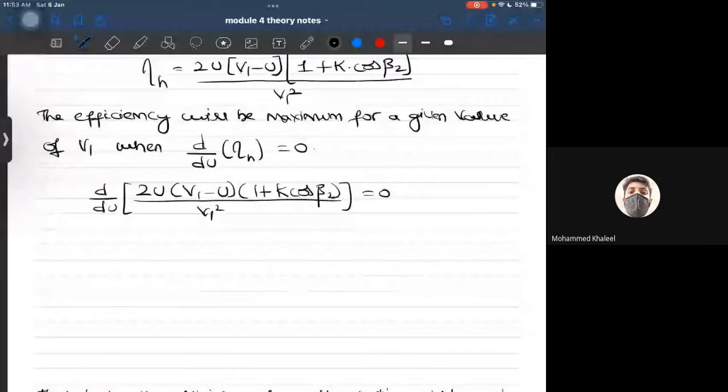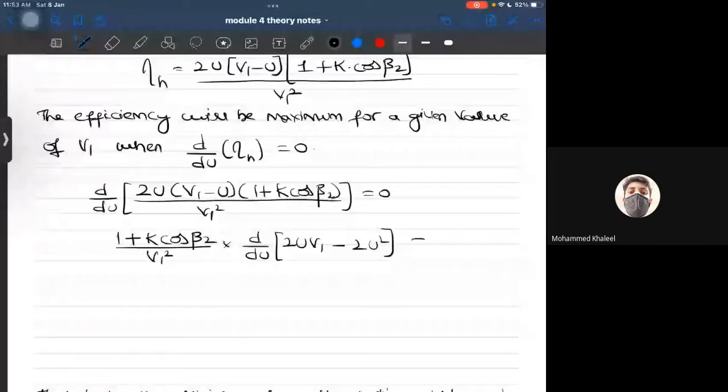Differentiating with respect to U, take all the remaining terms outside: 1 plus K cos beta 2 divided by V1 square into d by dU of 2U V1 minus 2U square. That is equal to 0.